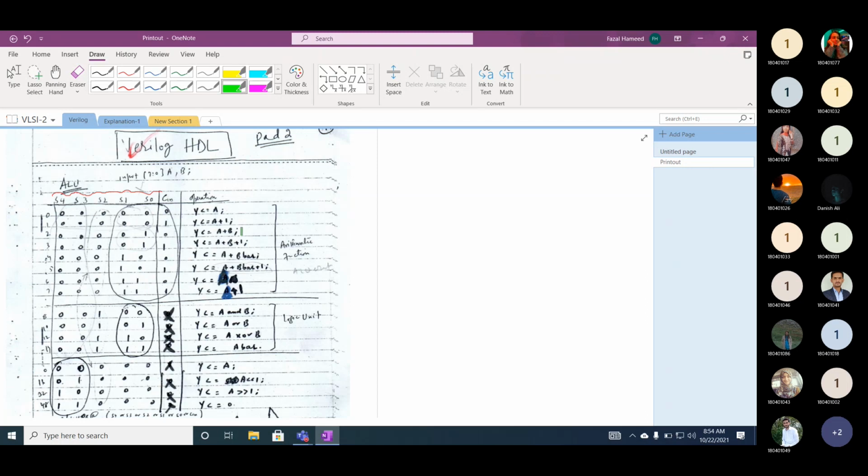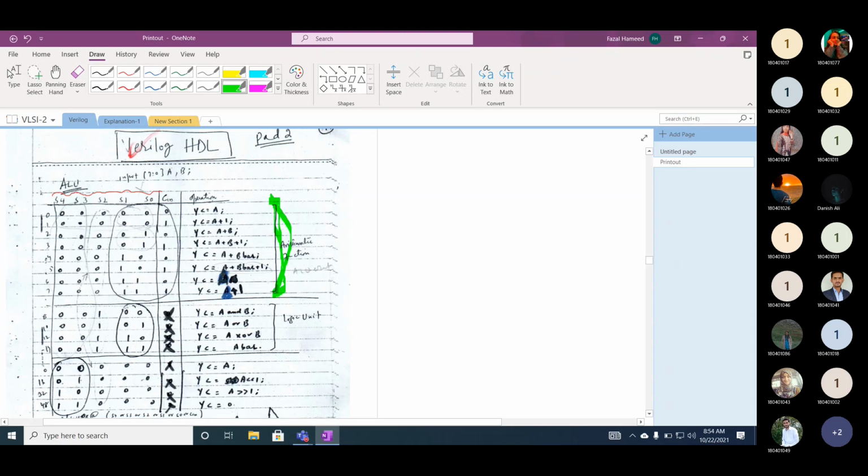If you go further into the detail of this unit, the first one is an arithmetic function. Can you see? These are all classes of operation performed in arithmetic: y is equal to a, y is equal to a plus 1, y is equal to a plus b, y is equal to a plus b plus 1, or y is equal to a plus b bar.